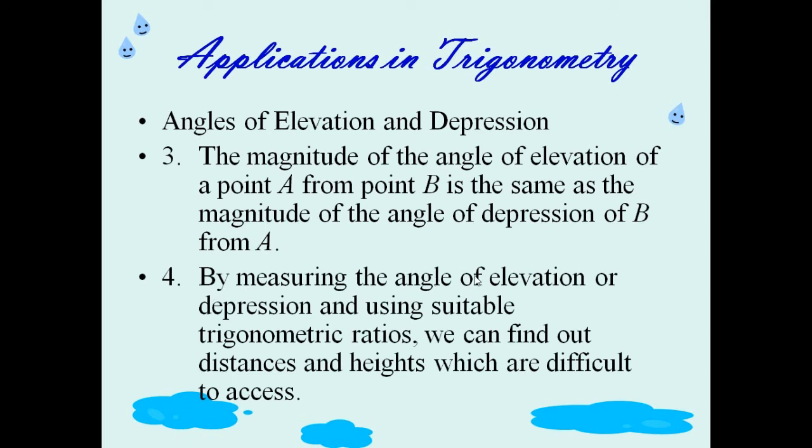By measuring the angles of elevation and depression and using suitable trigonometric ratios, that means you may use sine, cosine, and tangent of a certain angle, we can find some distances and heights which are difficult to assess.